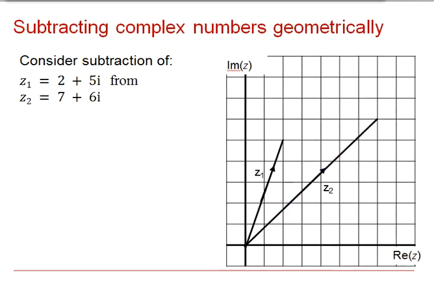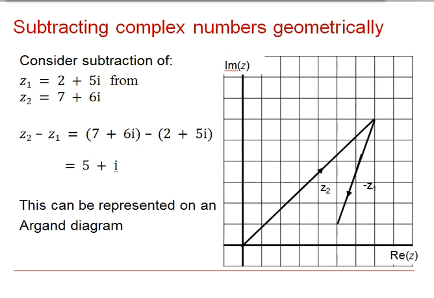If we consider subtracting complex numbers, for example z1 minus z2, then algebraically we know that this is easily worked out, and will give us 5 plus i. We can also show this on the Argand diagram.